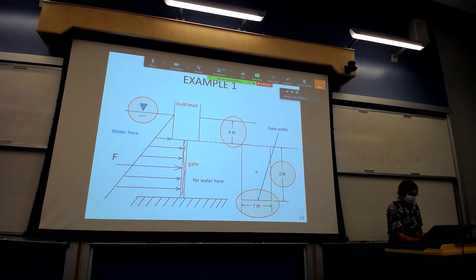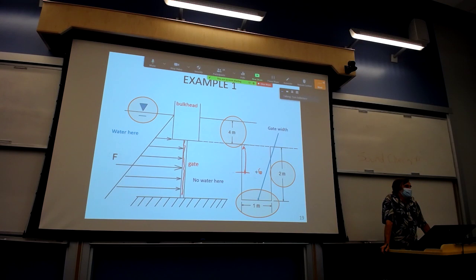If anybody has a calculator, if that's the center of area, how far is the center of area from the free surface? 4 meters to the top, and if the height is 2 meters, then G must be 1 meter down from the top. That will be 5 meters, right?